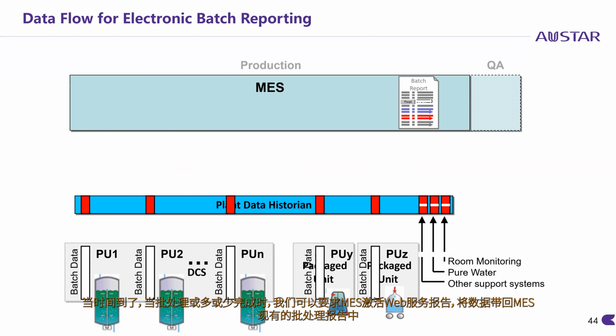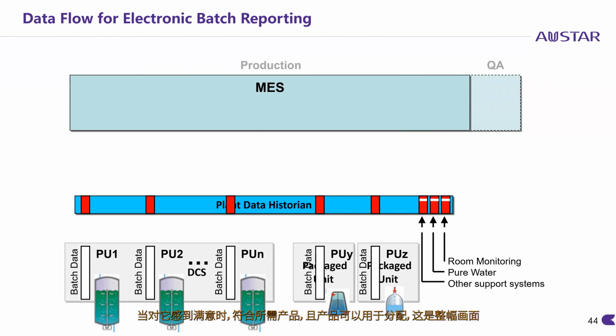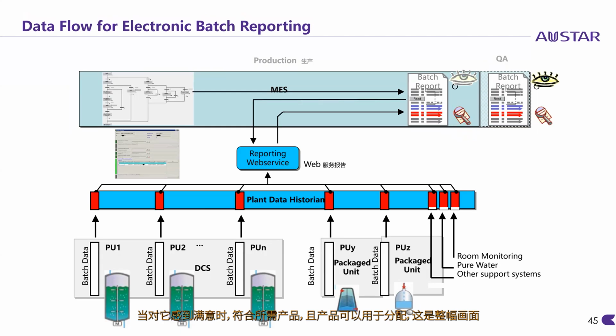This batch report, we can take and analyze it and say, okay, I like it, and send it to the next section, which is QA, which then does their analysis. And when they are happy with it, they can release the product, and the product can be used for distribution. So that's the full picture.